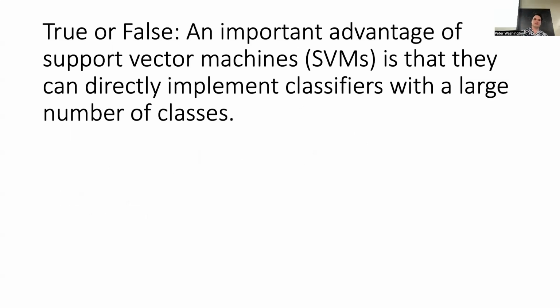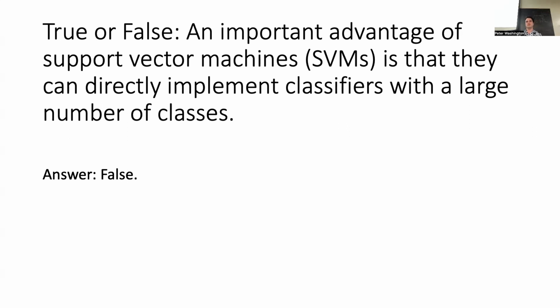Okay, true or false? An important advantage of support vector machines is that they can directly implement classifiers with a large number of classes. Who thinks true? Who thinks false? Okay, not too many.